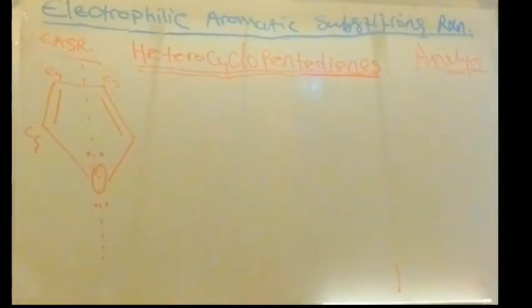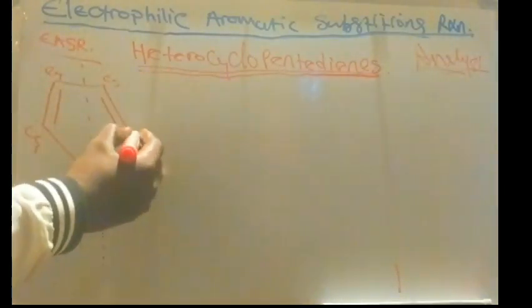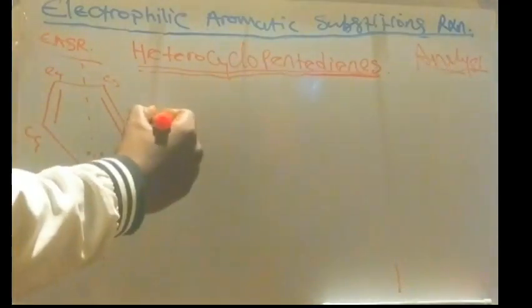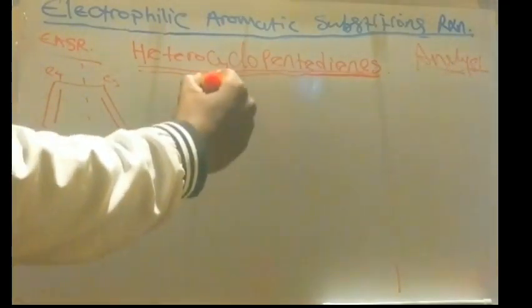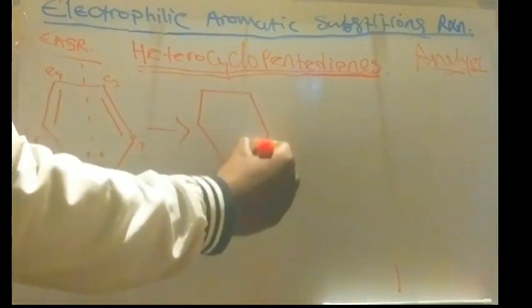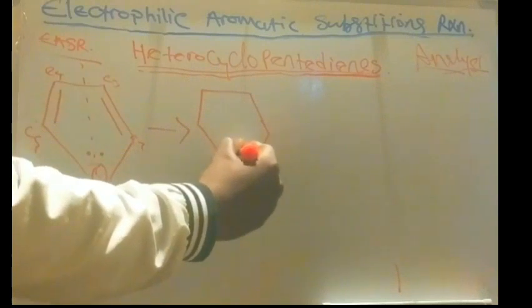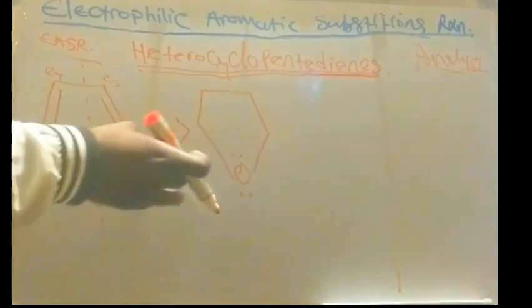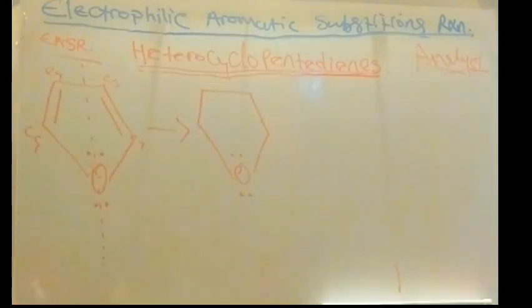Okay, so we'll start with carbon number 2. On carbon number 2, we'll react with our electrophile and we'll see the resonance as follows. So if we attack carbon number 2, let's observe the movement of the double bonds and the lone pairs within the ring.